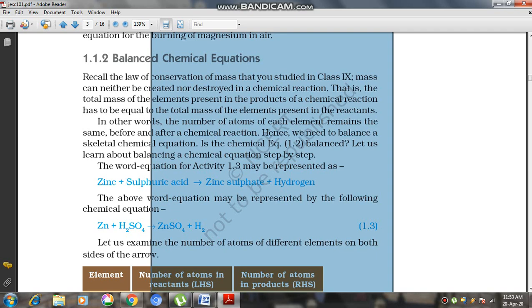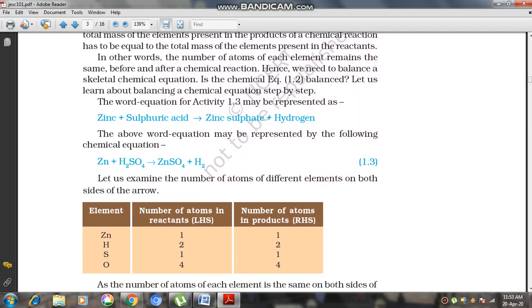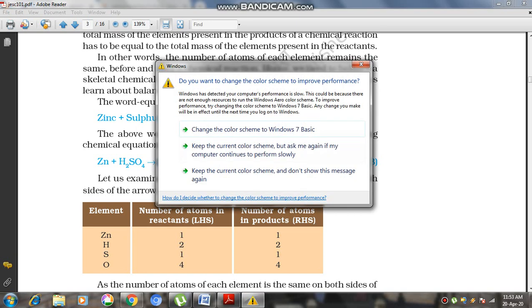In the equation that we are going to learn, Zn and H2SO4 are the reactants, with 1 zinc atom, 2 hydrogen atoms and 1 SO4 group. The products are ZnSO4 plus H2.